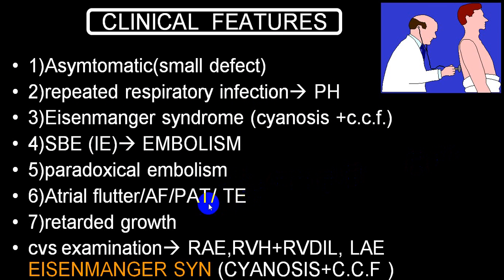Cardiovascular system examination will show you a big right atrium, right ventricular dilatation plus hypertrophy, might have a little amount of left atrial enlargement, and in the presence of Eisenmenger, as we have already told you, the person will have cyanosis plus congestive cardiac failure.